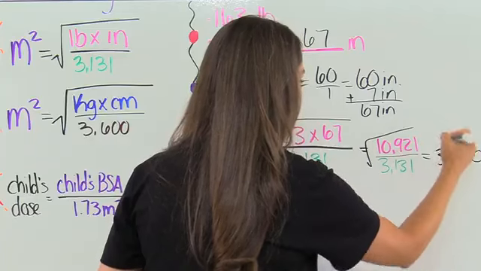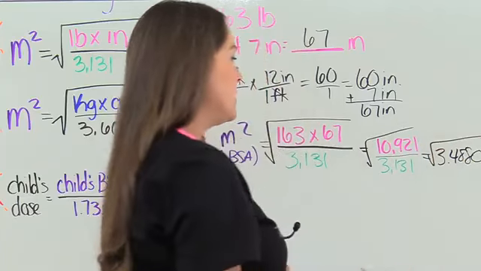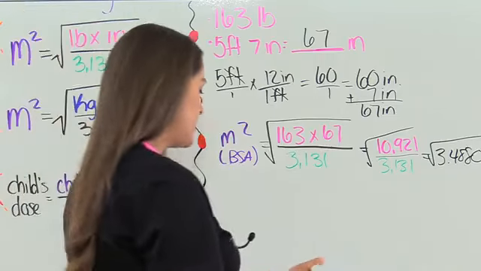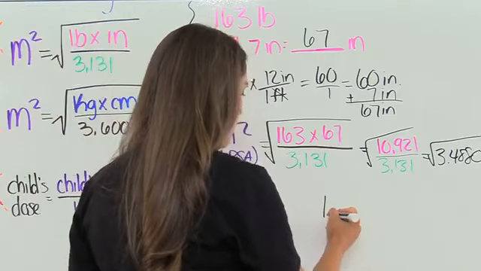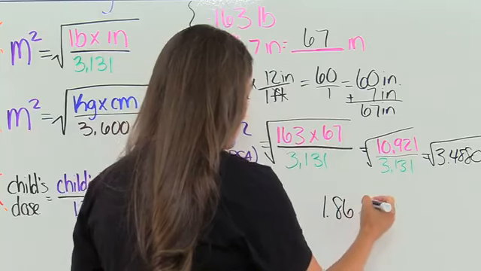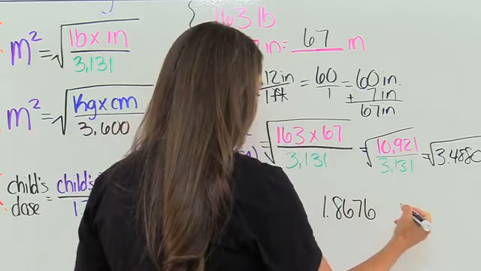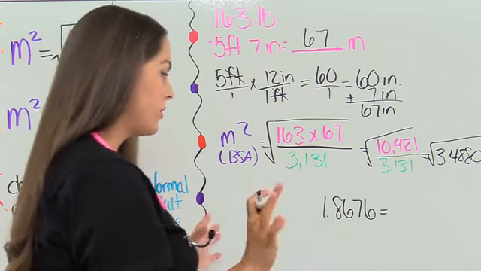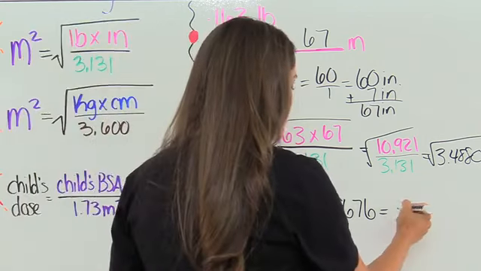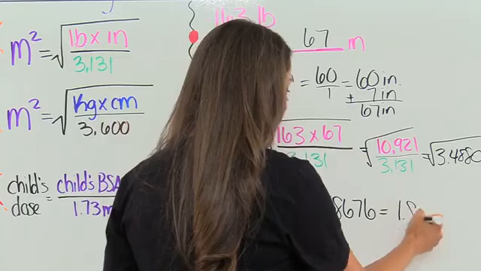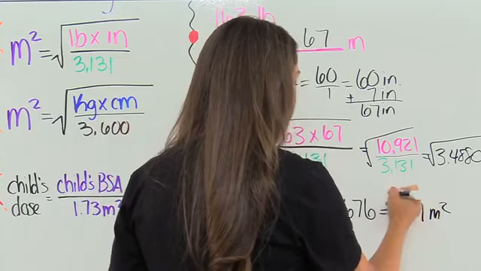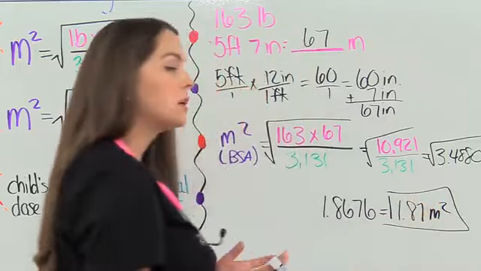And we still need to figure out the square root. So the square root of 3.4880 is 1.8676. Now we're going to round to the nearest hundredth, and again, follow your program's rules for that. So you get 1.87 square meters, and that is the patient's body surface area.